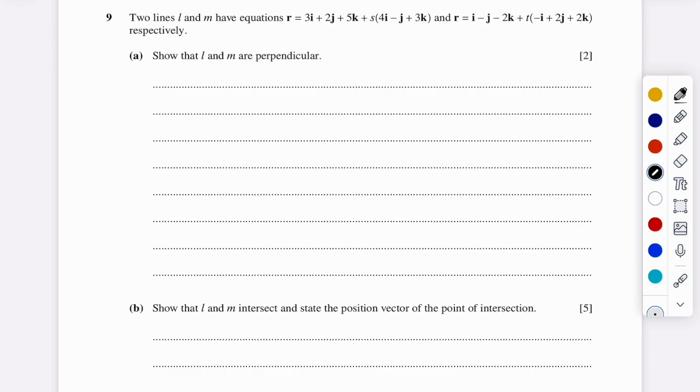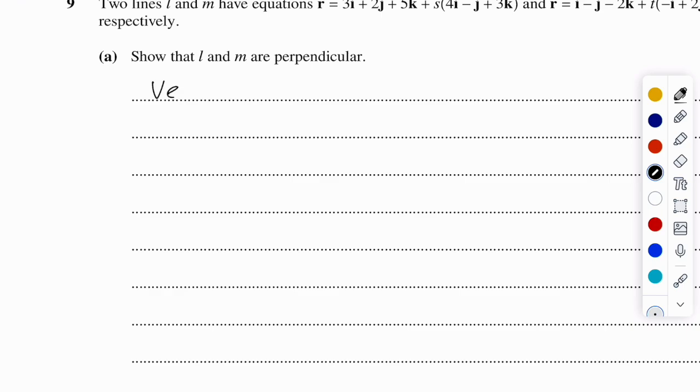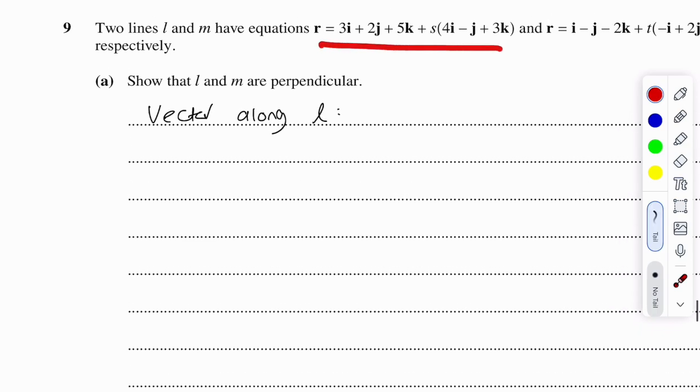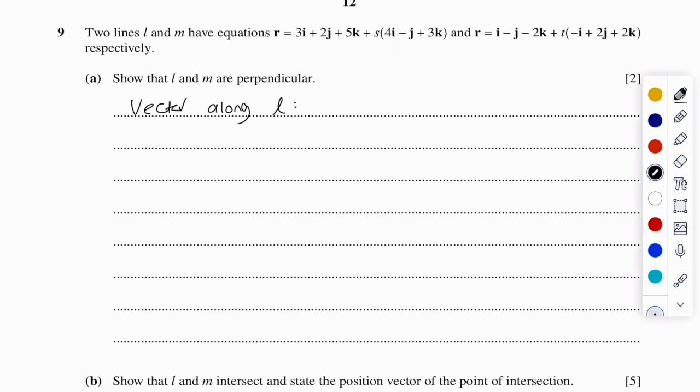So the vector along L, which is the first one, that's 4, negative 1, 3.